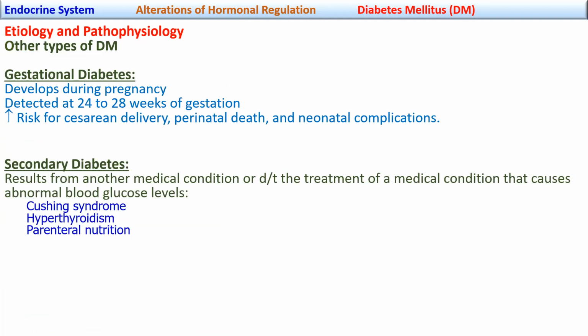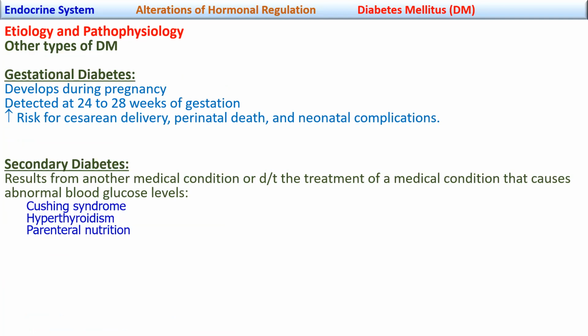There are other types of diabetes mellitus, gestational diabetes, for example. It develops during pregnancy, usually detected at 24 to 28 weeks of gestation. There's a high risk of cesarean delivery, perinatal death, and neonatal complications.